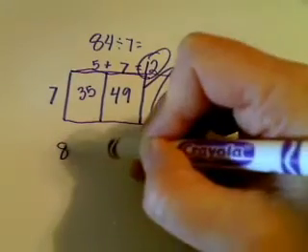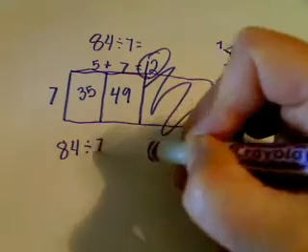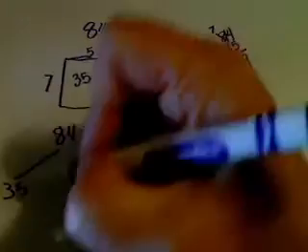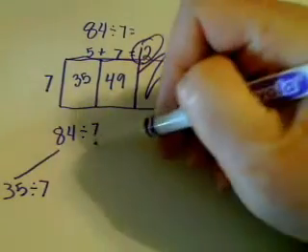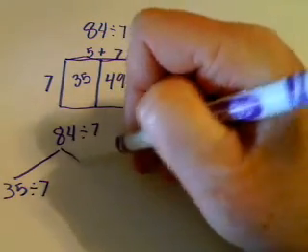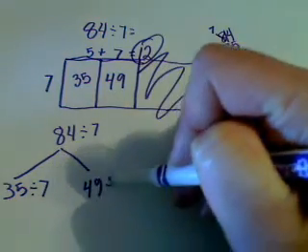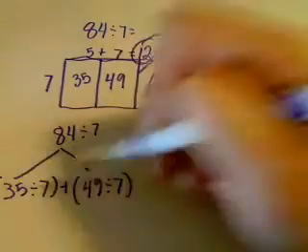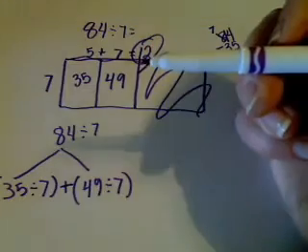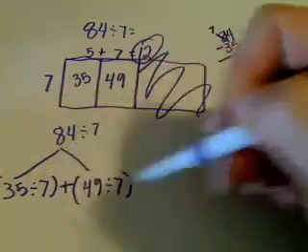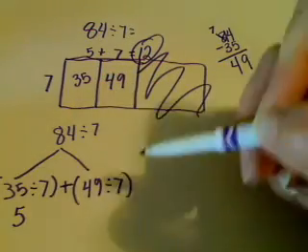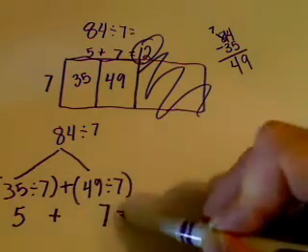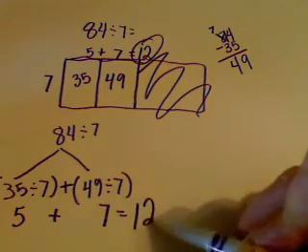If I want to use my distributive property, I did 35 divided by 7, and then I had 49 that I also had to divide by 7 to figure out how many groups of 7 altogether it would take. So that's 5, I can make 5 groups of 7 there, and this is 7. And if I add those together, that gives me 12.